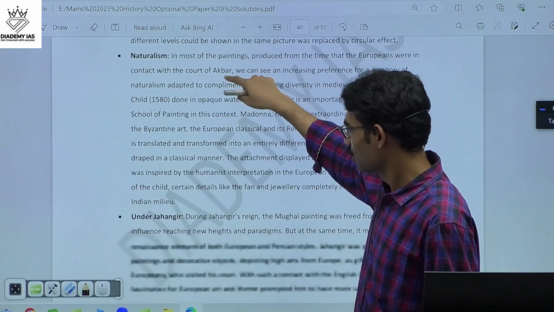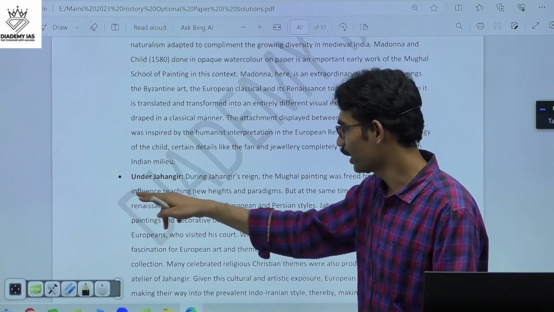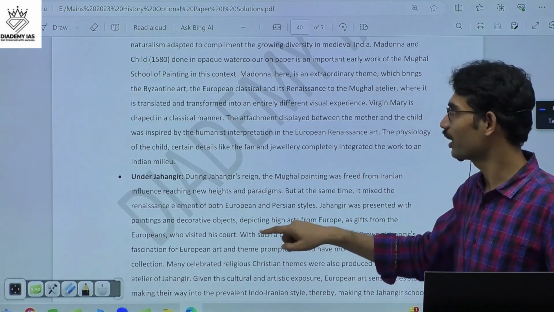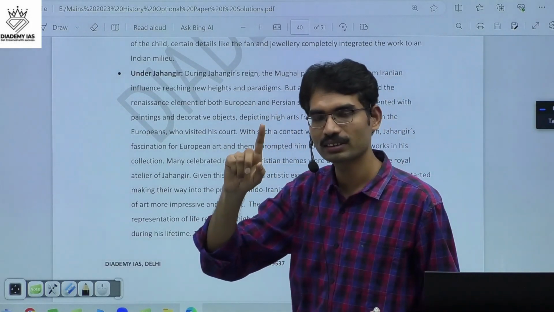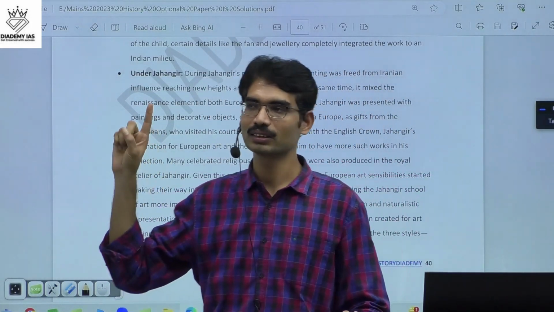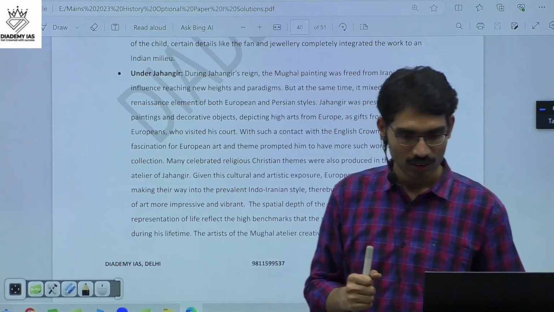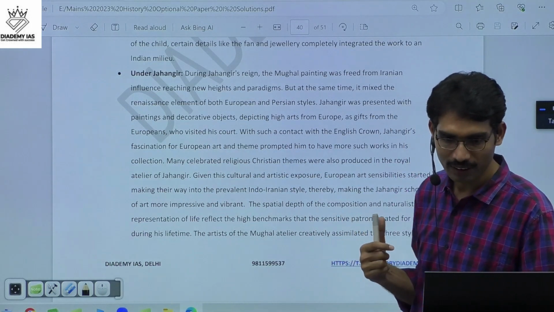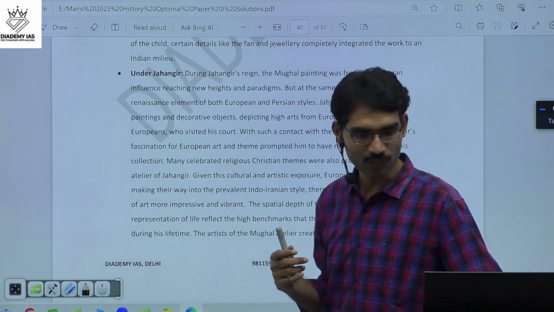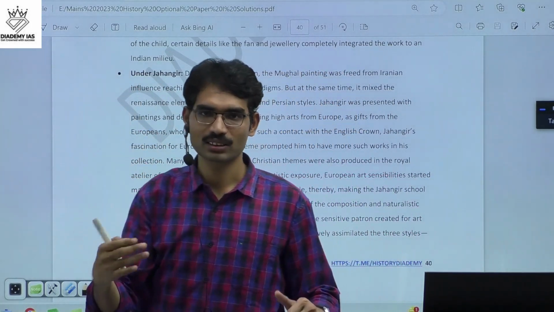Naturalism. Different examples under Akbar, what happened, under Jahangir, what happened, you will write. And one important point: oil painting was there among Europeans, but Mughals did not use oil painting. Foreshortening and the 3/4 face camera were in the Sultanate era only. Okay. So those different aspects you are going to cover.